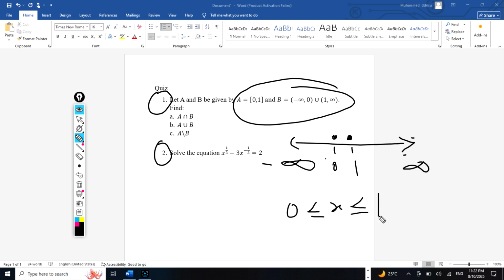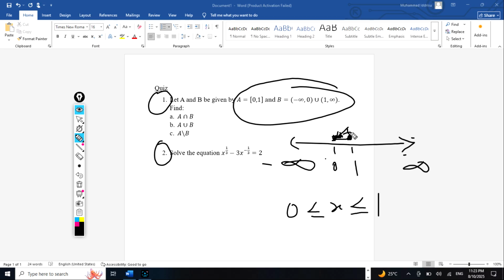So 0 and 1 are included in this interval, so you join them this way. My drawing is not all that fine, but I hope you see it and it will aid you in understanding. Okay, and then this is the A part, so this is A, 0 to 1. Just write A on it.